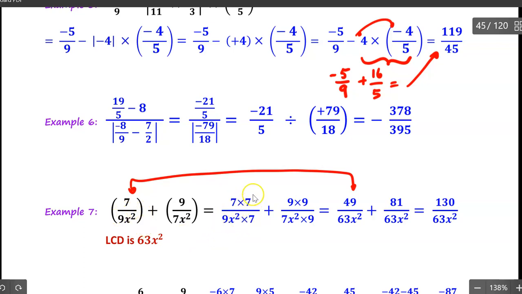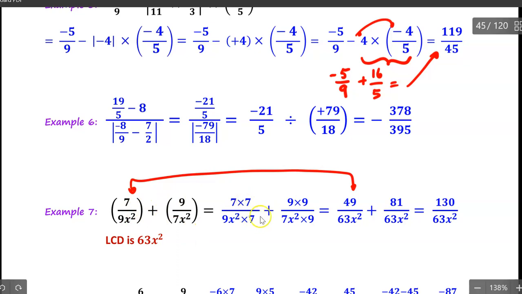I must do the same thing on top because I want an equivalent fraction. Whatever operation I perform on the denominator, I must do the same thing for the numerator. So now you see it's 49 over 63x squared. So 7 over 9x squared and 49 over 63x squared are equivalent fractions because you multiply the top and the bottom by the same number, 7.